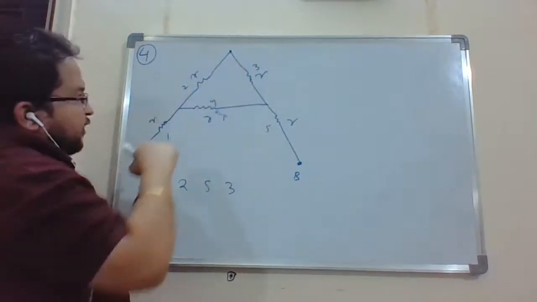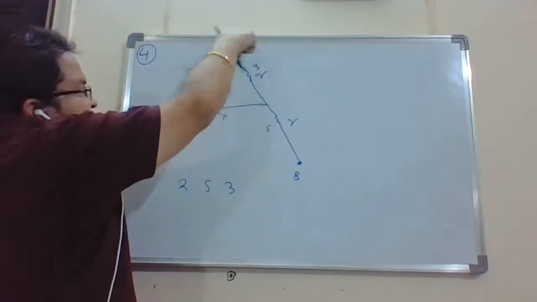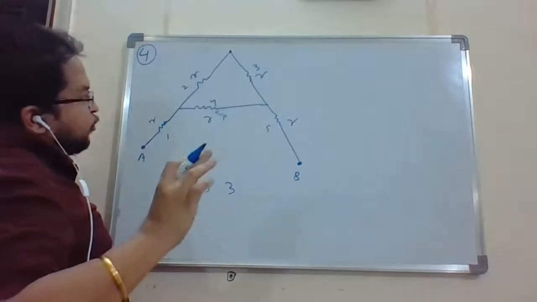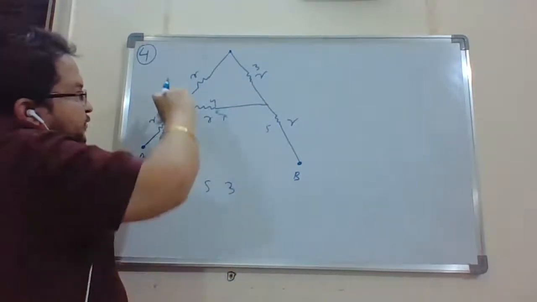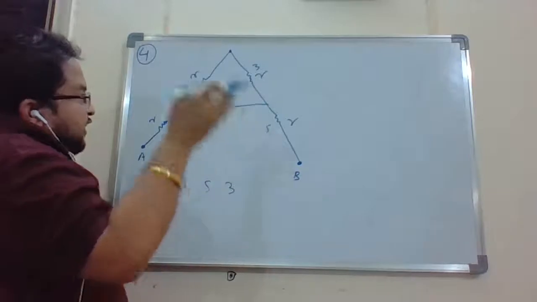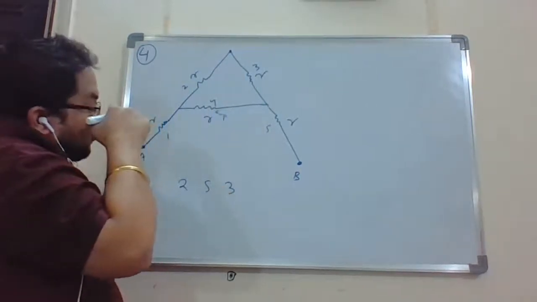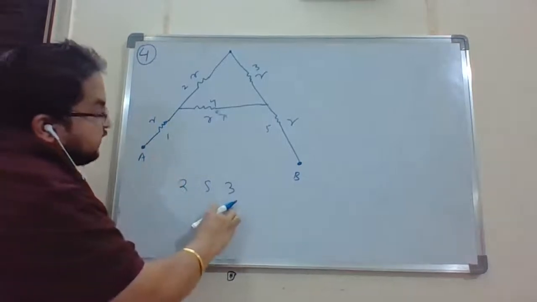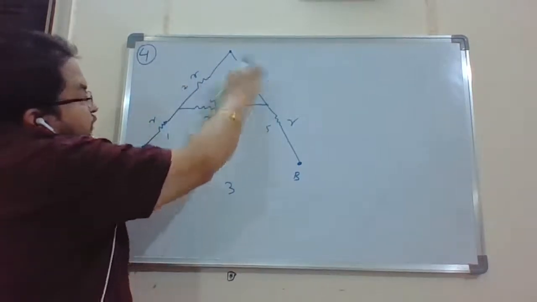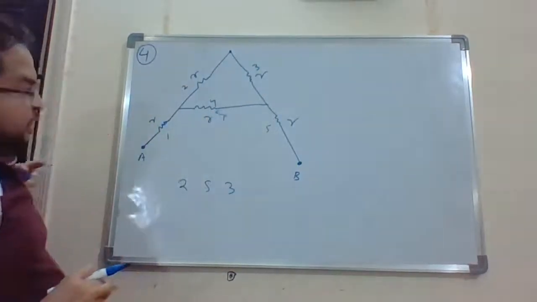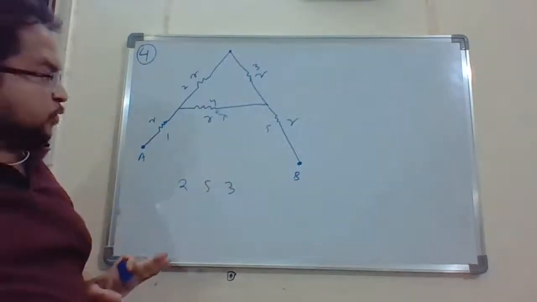This is their meeting point. At their meeting point, is there any third disturbing element? No, there is no third disturbing element. If there is no third disturbing element, then they are in series. So 2 is in series with 3. Is there anything else in series that I can put directly?